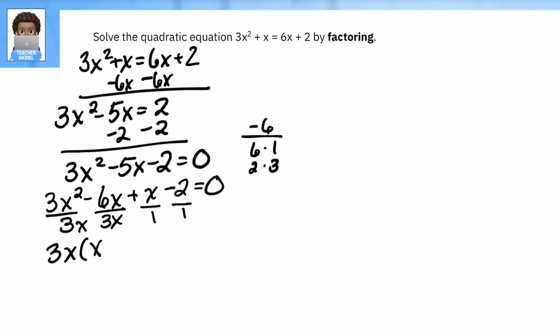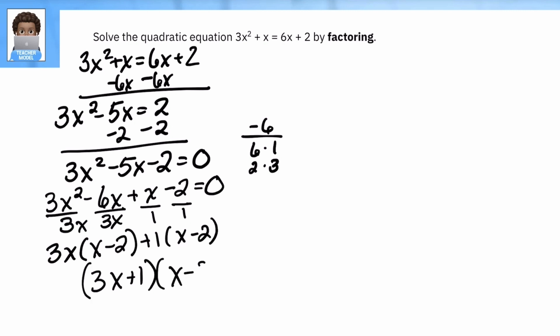And that leaves me with x minus 2. And on this side, I just factored 1, so it still leaves me with x minus 2. We're going to rewrite that as 3x plus 1 times x minus 2 is equal to 0.